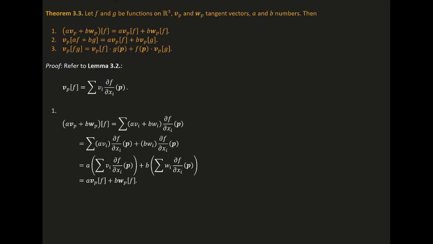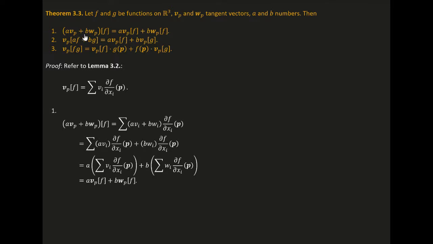Now for theorem 3.3. We will let f and g be functions on R3. Then v sub p and w sub p be tangent vectors, and a and b be real numbers. Then we obtain 3 different useful facts. The first 2 are facts of linearity.